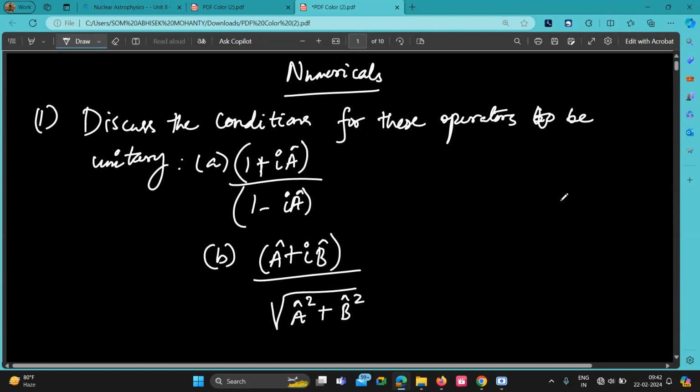So we have to check the condition for which these operators will be unitary.